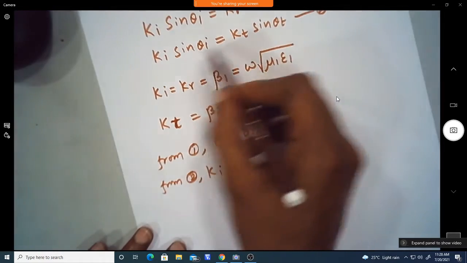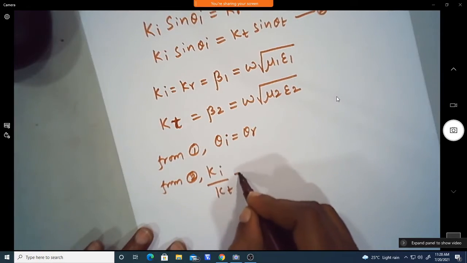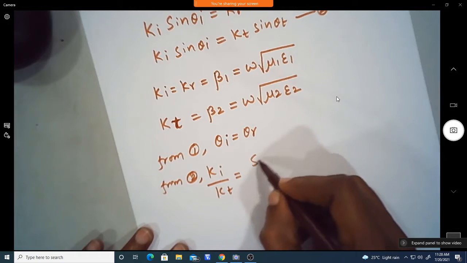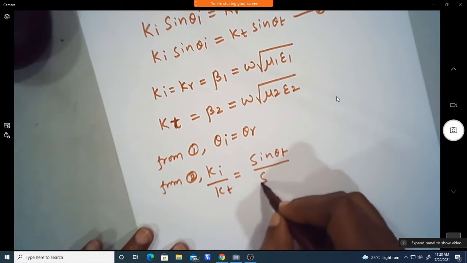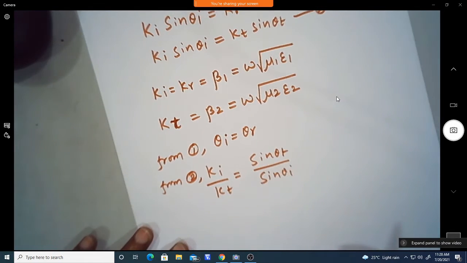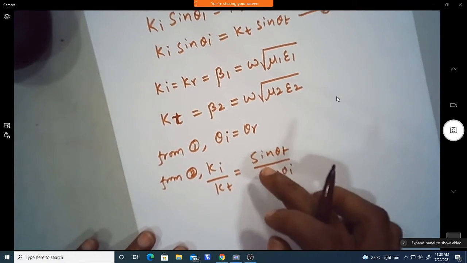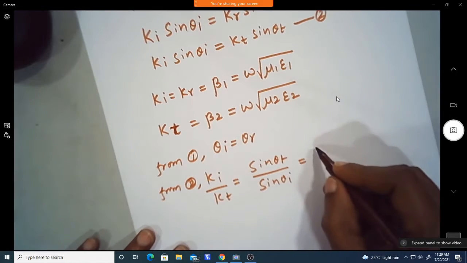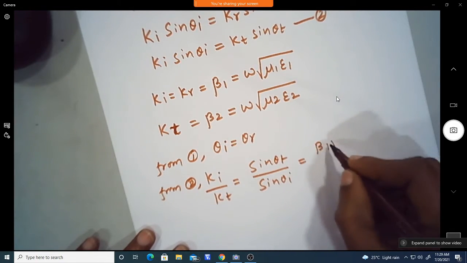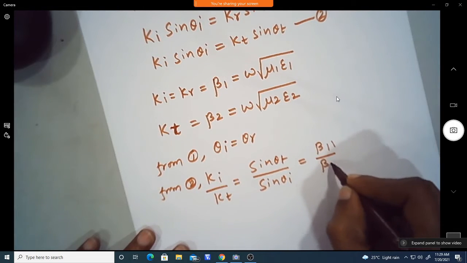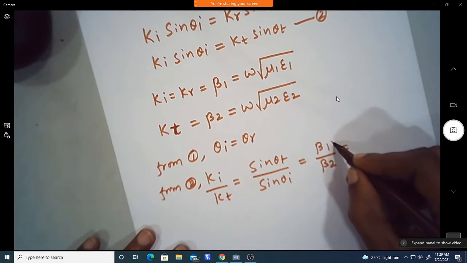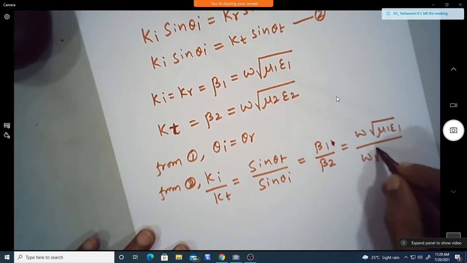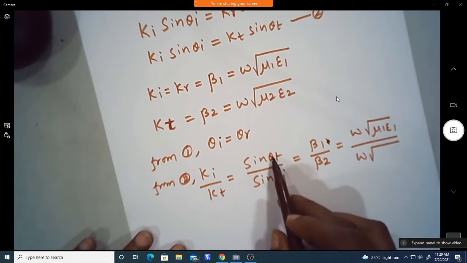Similarly, from equation 2, we get ki by kt, which is equal to sin theta t by sin theta i. We can write ki in terms of beta 1 divided by beta 2, or omega into root mu 1 epsilon 1 divided by omega into root mu 2 epsilon 2, because this is the transmitted one.